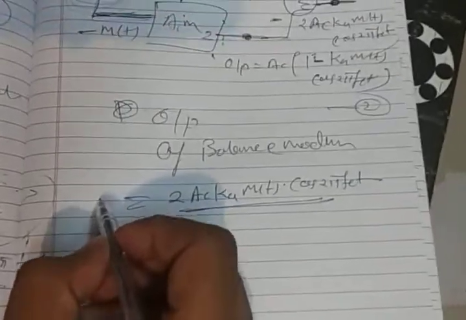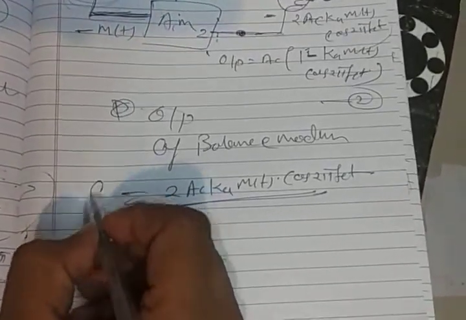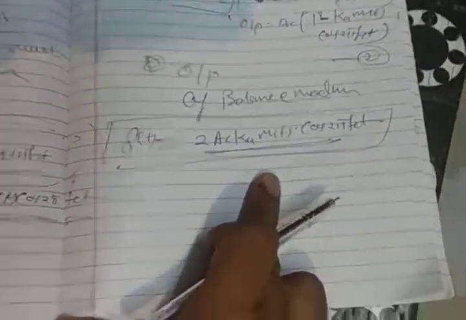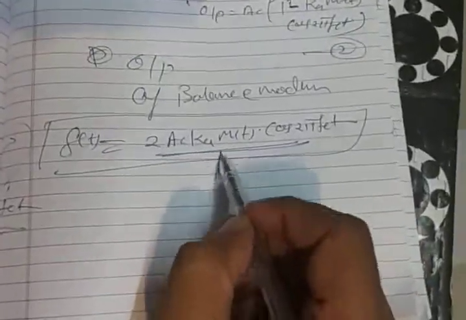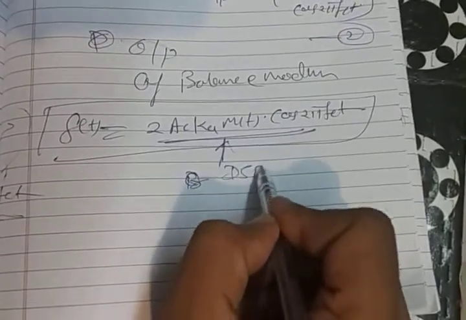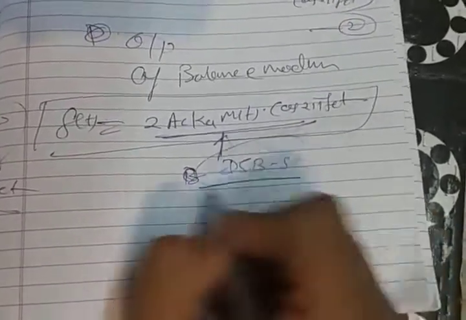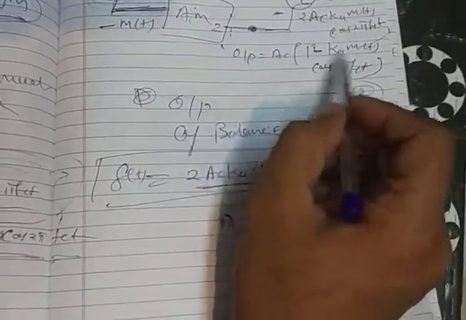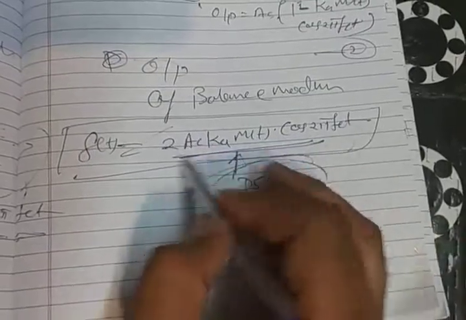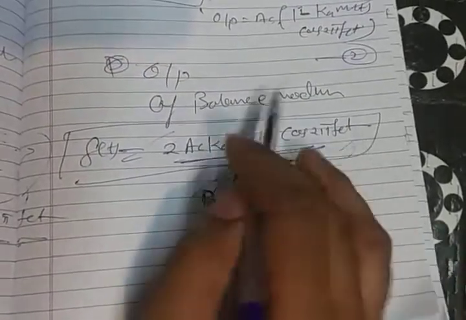Okay, this is the output of the balanced modulator, and what does this output look like? DSB-SC signal, because the carrier part Ac cos 2 pi fct is eliminated, only the double sideband remains.